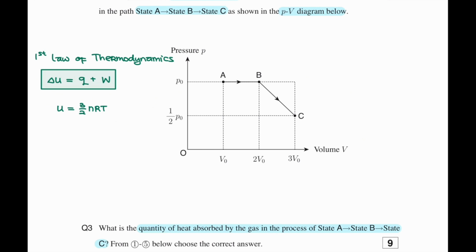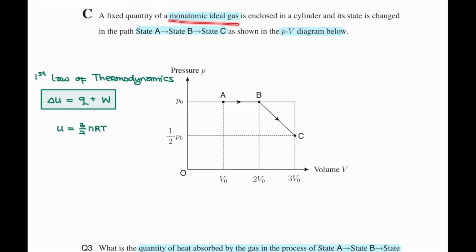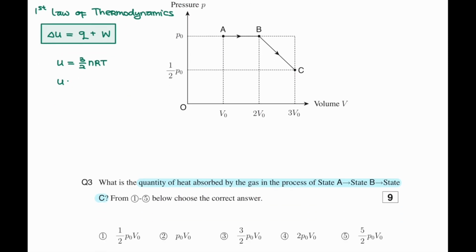This is the formula for the internal energy of a monoatomic ideal gas. And then, since we talk about an ideal gas, as you know, PV equals nRT. That means this nRT can be substituted by PV. U equals 3/2 PV.